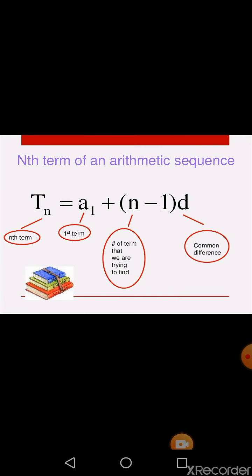What about here? The arithmetic sequence is t_n, the nth term, equals a1, the first term, plus bracket n minus 1, as n is the number of terms, multiplied by d. d is the common difference.